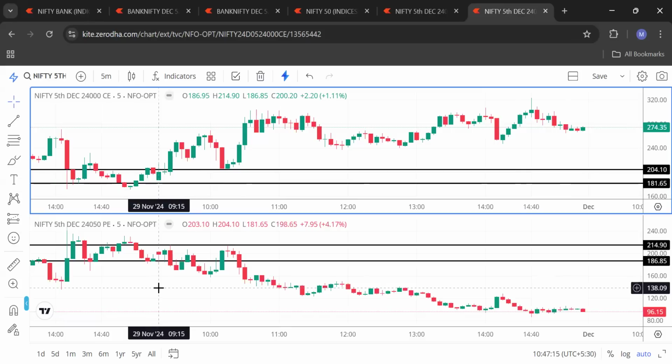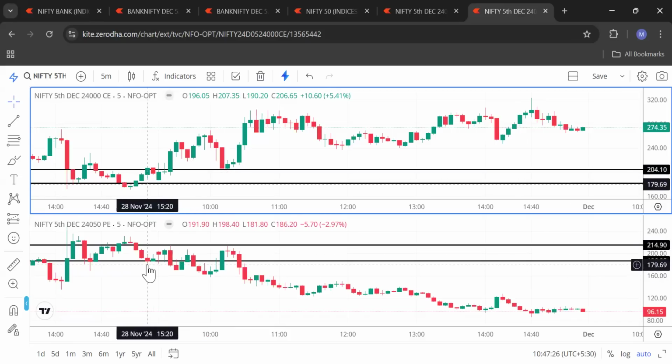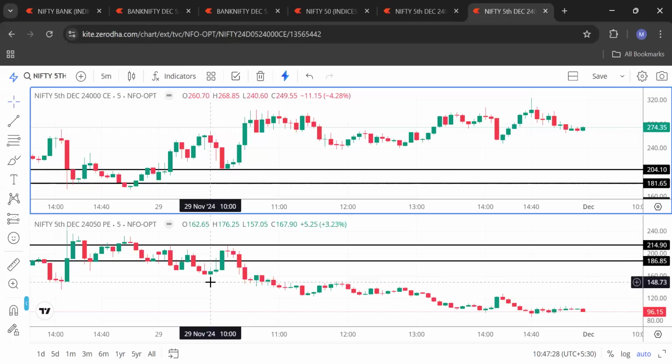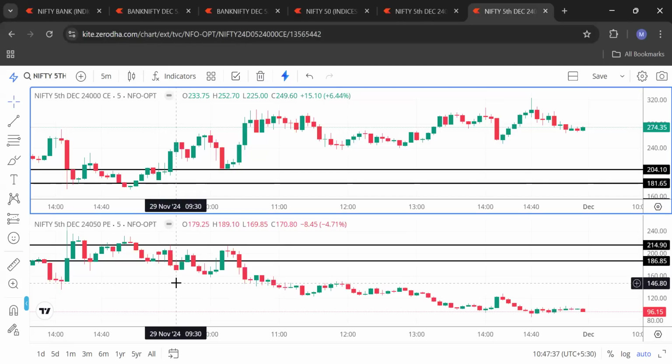Simple, a golden rule, call and put are always equal and opposite. If someone is breaking above the high of the first candle, the second one has to break below the low of the first candle. If something is closing above the high of the upper line, the counterpart should close below the low of the upper line.